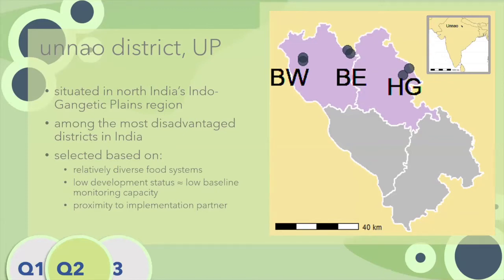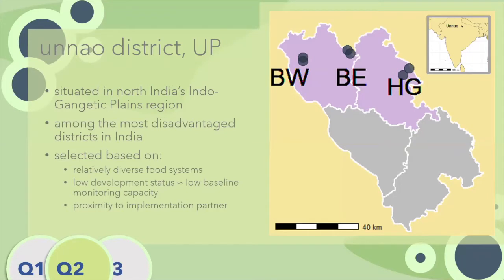And Unnao district is among the most disadvantaged districts in India from the standpoint of development status. And we selected this district because of its relatively diverse food systems to include commodities such as maize, groundnuts, and pearl millet, which are regular features of the diet. And also, we wanted to situate this study in a context with a low level of baseline monitoring capacity.